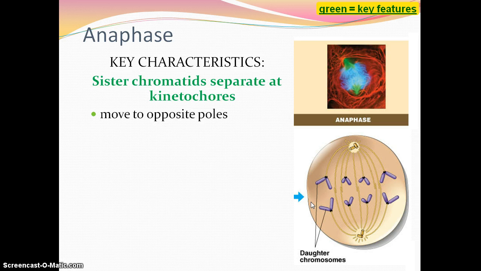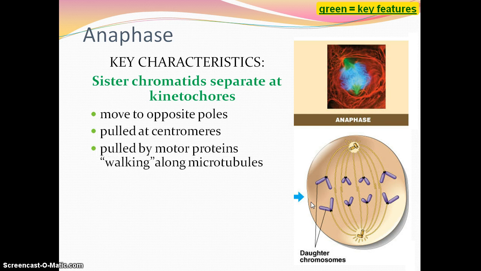They're going to be moving to opposite poles, so I always think of anaphase as the apart phase. They're pulled apart at the centromeres, and they're actually pulled by motor proteins, those ones that walk along the microtubules. So those are what are going to drag those separated chromatids to opposite ends of the cell.